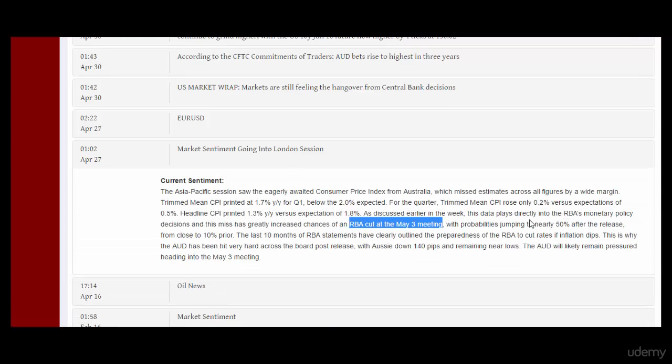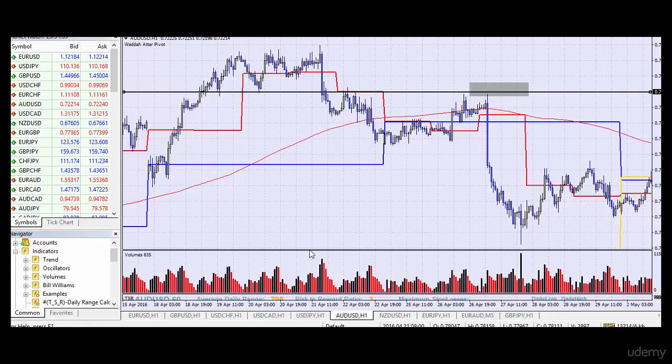It says this data directly plays into the RBA's monetary policy decision, and this miss has greatly increased chances of an RBA cut at the May 3 meeting, with the probabilities jumping to nearly 50% after the release. So most fundamental traders now are expecting these guys to cut interest rates.